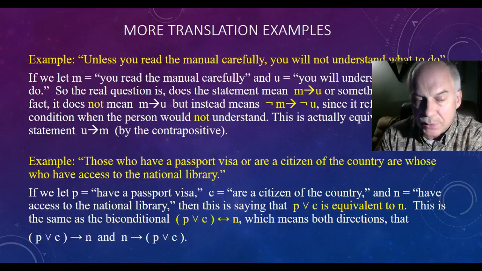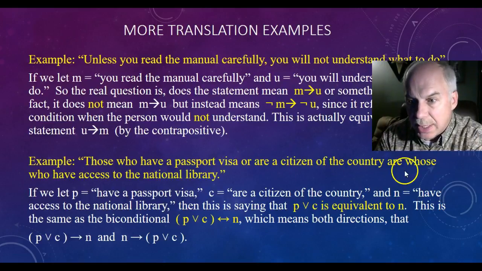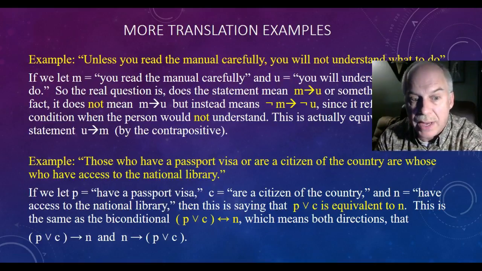Now notice why I said is equivalent to N. The statement says those who have a passport visa or are a citizen of the country are those who have access to the National Library.